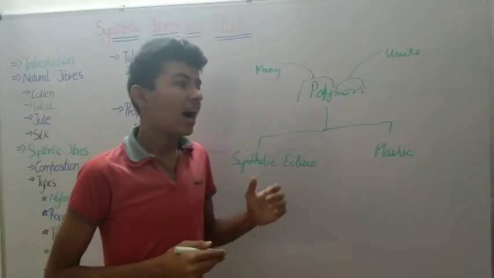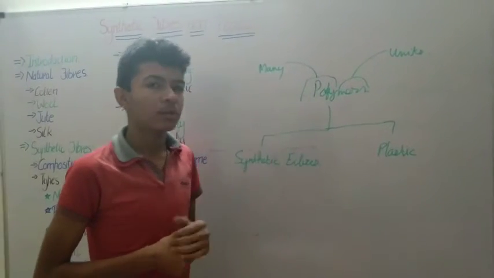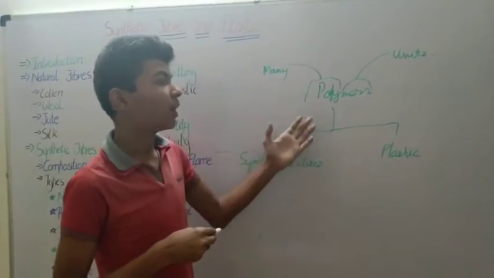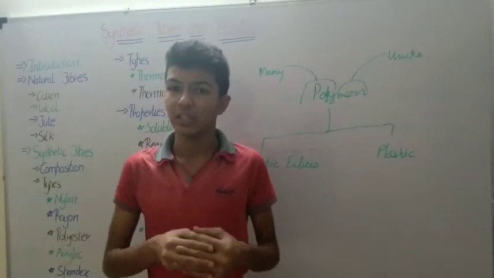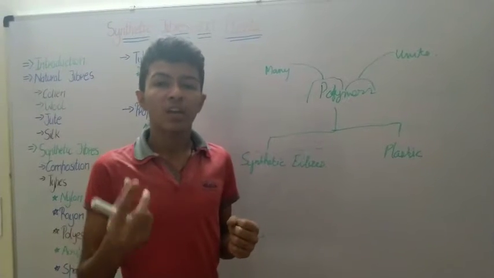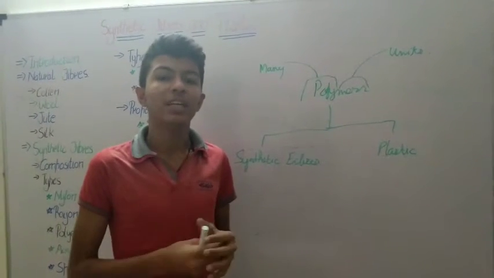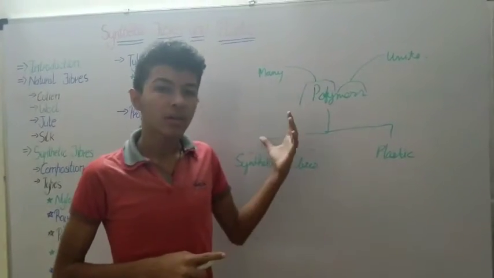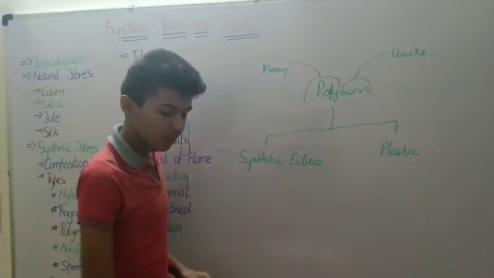Monomers are the basic units of the polymers, and the conversion of the monomers into polymers is known as polymerization. It means the conversion of the monomers into long branched chains to form synthetic fibers or plastic.